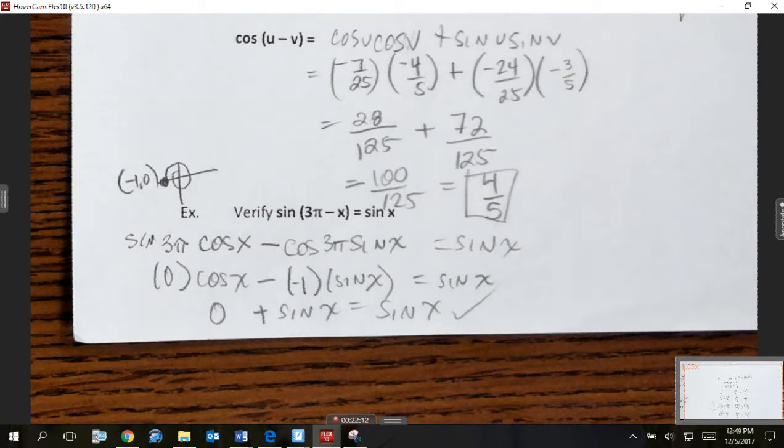I'm sorry, sine of 3 pi is 0, and then cosine of 3 pi is negative 1. You can see how I'm proving that they are equal to each other.